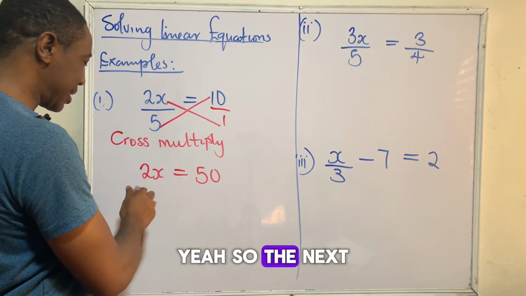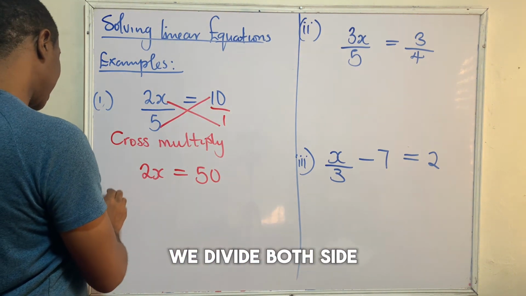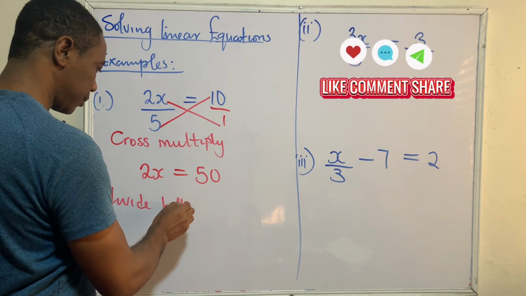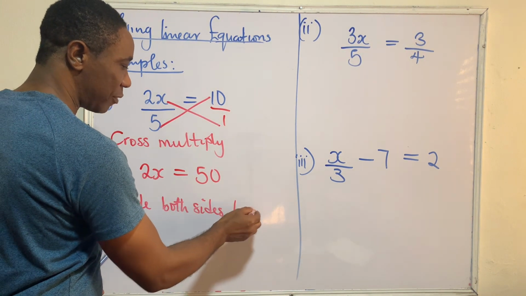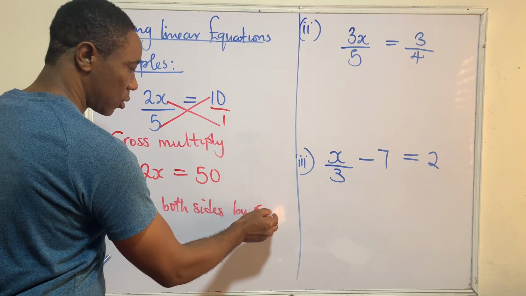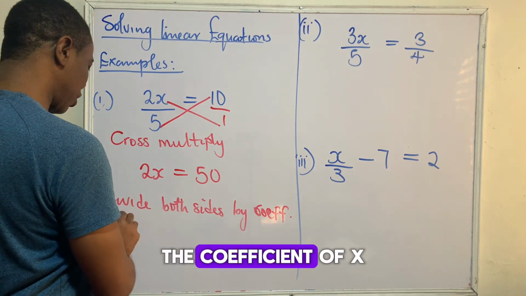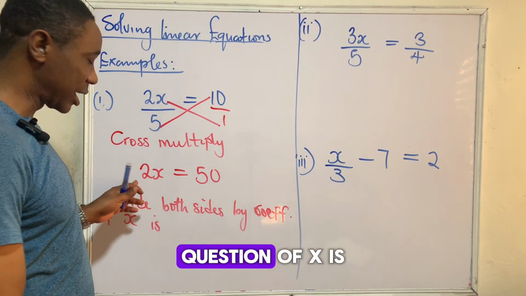So the next thing is what? To remove this 2, we do what? We divide both sides by the coefficient of x. The coefficient of x is 2.